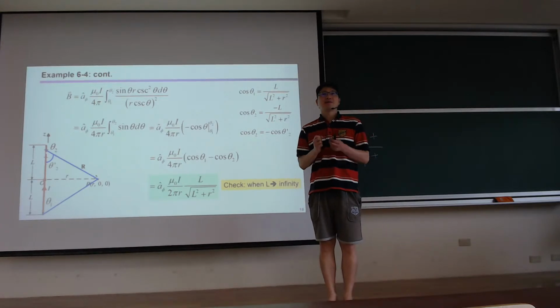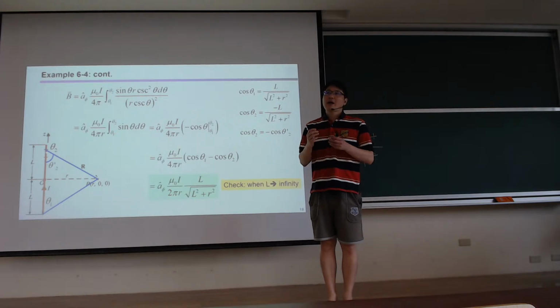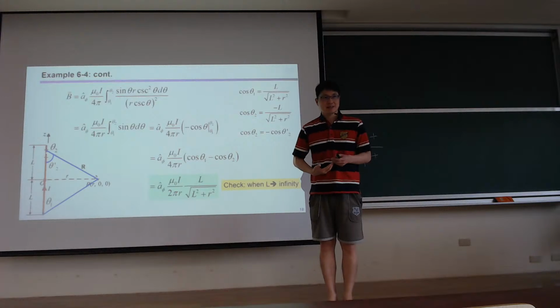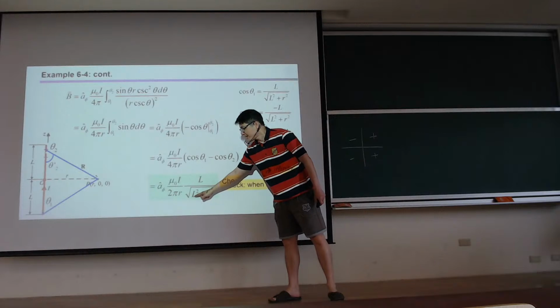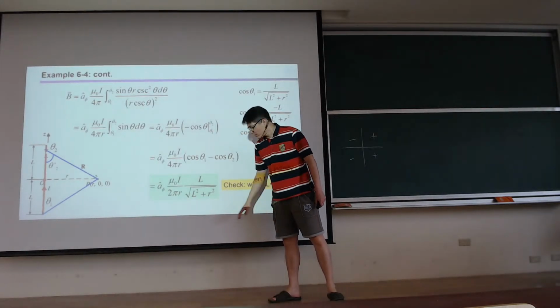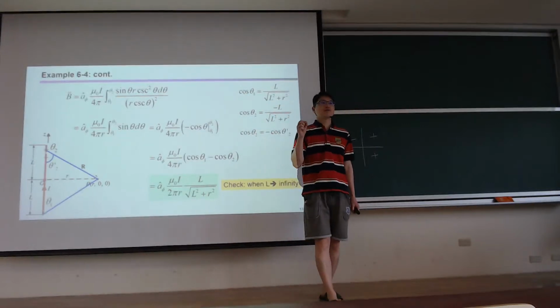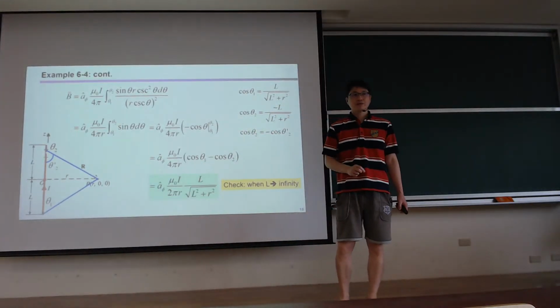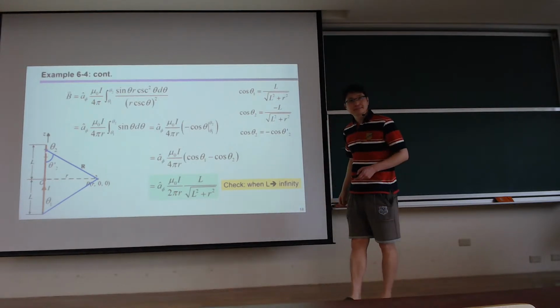Do some self-consistency checks, right? Your answer needs to be tested. So in this case, make L very big. You can ignore this one, therefore you arrive at your familiar answer for an infinitely long current conducting wire.